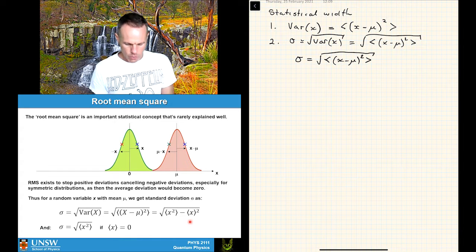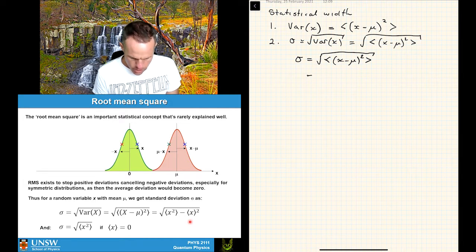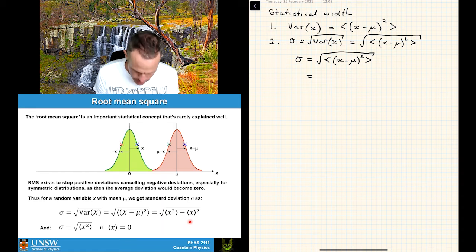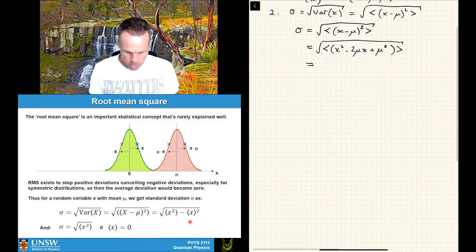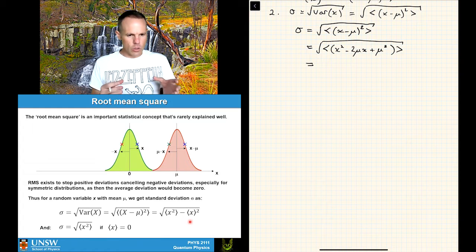And then the first step here is basically just to expand these brackets in the center. So we've got x squared minus 2 mu x plus mu squared. And then the next step, what we can do is we use our knowledge that the average of a sum is equal to the sum of the averages.